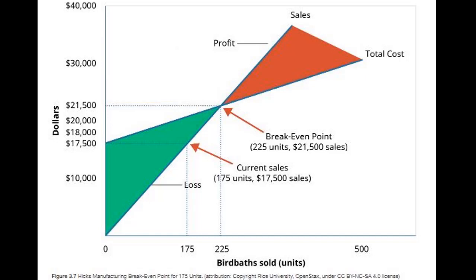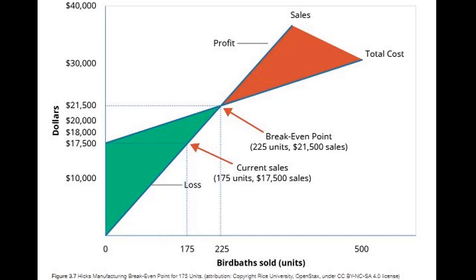As your volume of sales grows, let's say you make it to 175 units sold. Well, the total cost line is still higher than the sales revenue line, meaning you're still spending more than you're receiving and you're still incurring a loss. But the loss is getting smaller.